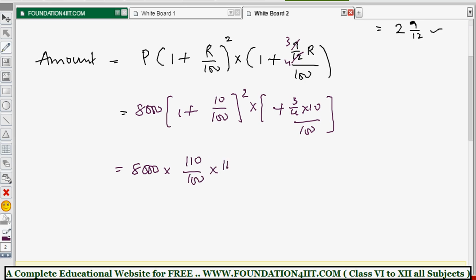So into again 110 by 100 into, and we take 1 plus, yes, 1 plus is there, 1 plus 3 by 4 into 10, so you can cancel this 0 0, then 3 by 40, so 1 plus 3 by 4 by 10, so 4 into 10.